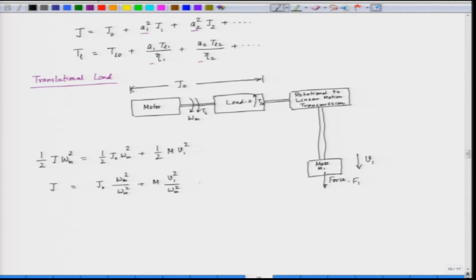We can simplify that: it is equal to j naught plus the mass of the translational load times v 1 by omega m, whole square. So, this is the effective inertia seen by the motor. We have a translational load having the motion, and that velocity is v 1.